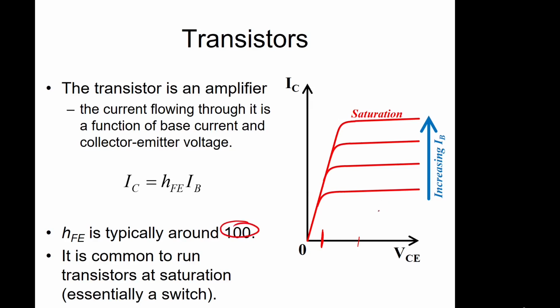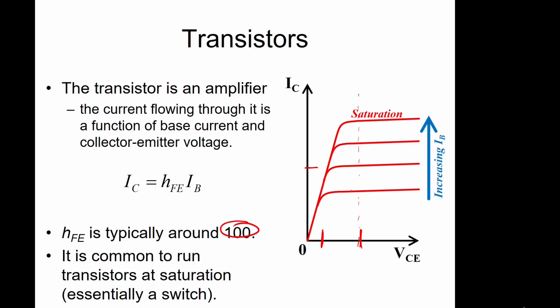What's commonly done is you operate a collector emitter voltage around this region, which corresponds to the saturation region. So basically, you're using this as a switch. You put a base current in there, and then you're getting your full current out through your collector emitter route.